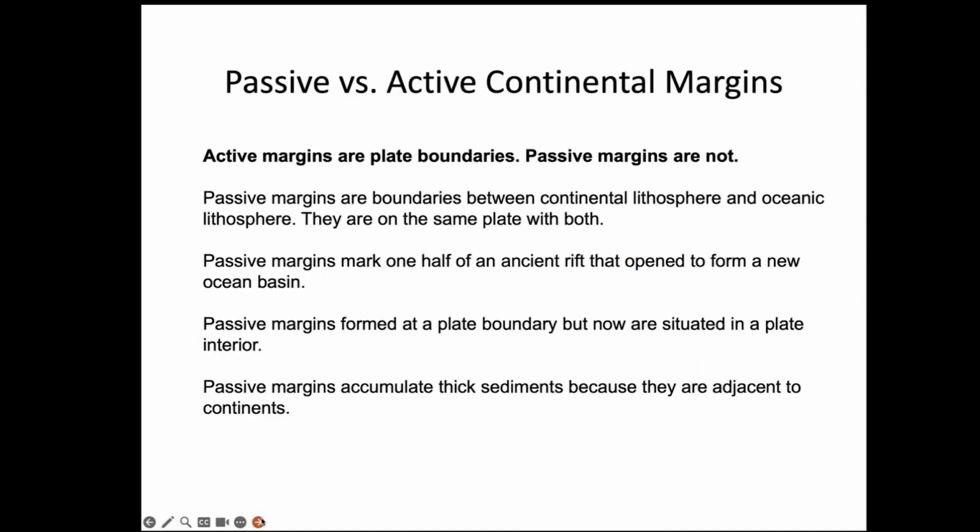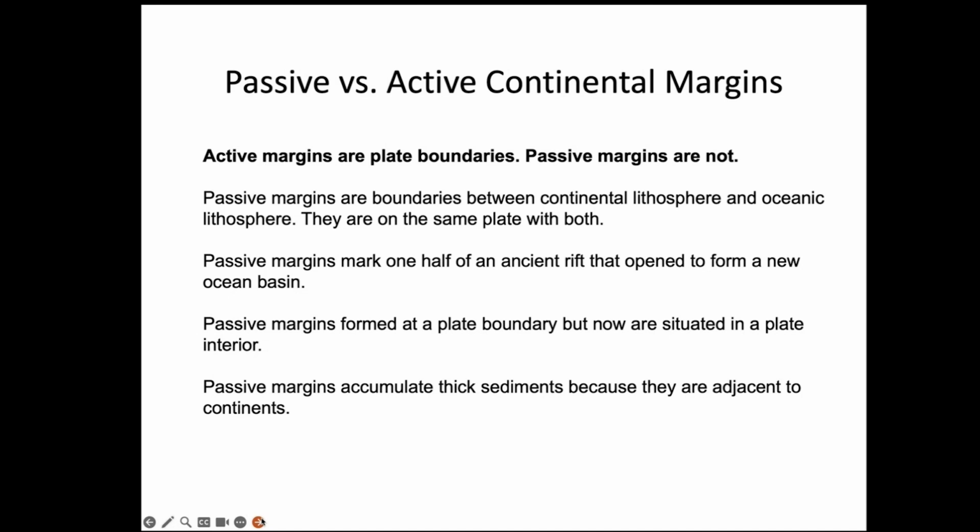All right, let's clarify a little potential confusion of what is a passive as opposed to an active continental margin. Active margins are plate boundaries. Passive margins are not. Passive margins are boundaries between continental lithosphere and oceanic lithosphere, and they are on the same plate with both.